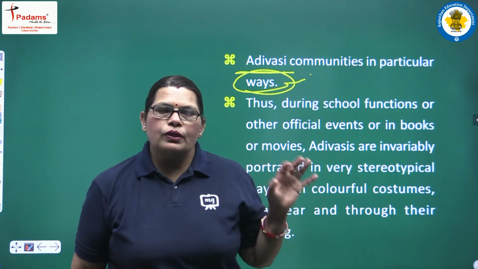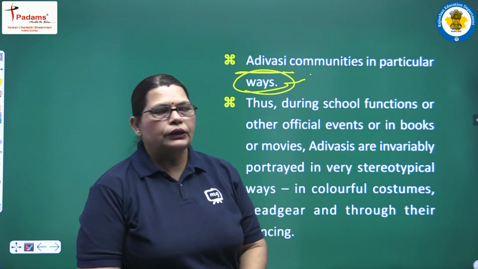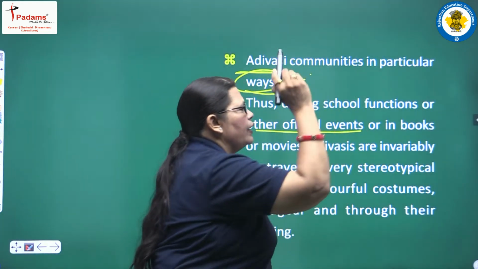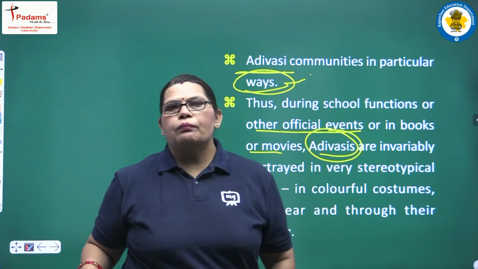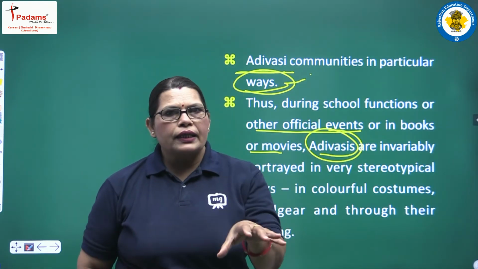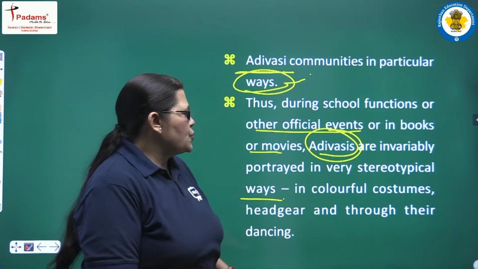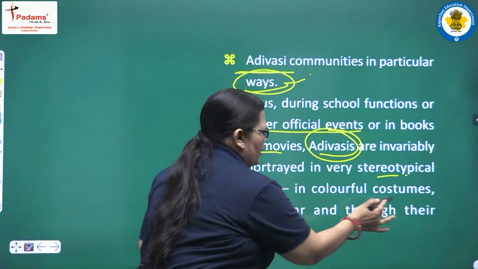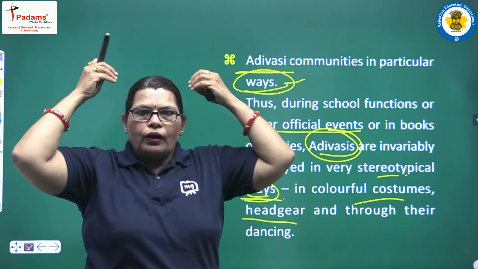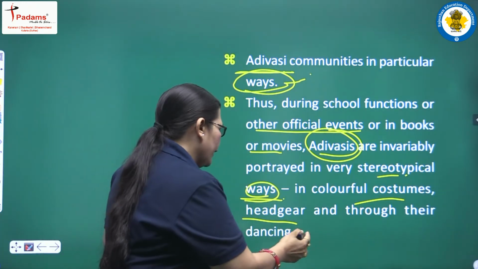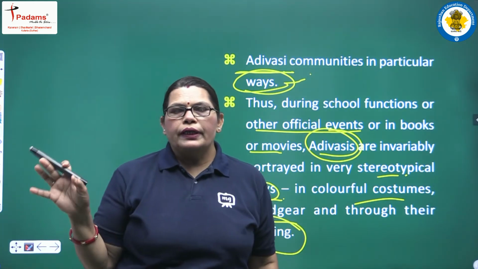When we are discussing the situation of school students, see here, during school functions or other official events, or in books or movies, when we are considering the position of Adivasis, they are invariably portrayed in very stereotypical ways, such as colorful costumes and headgears. See some ornaments here on their heads, and through their dancing positions also we stereotype these Adivasis.